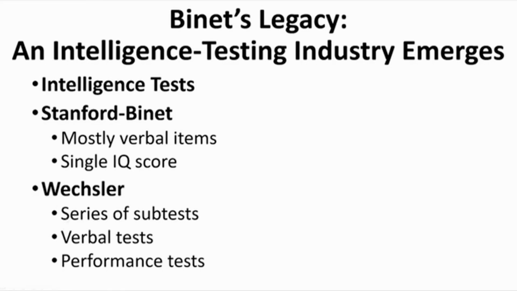So it wasn't just one single test that gave you one number at the end. There were also different things that you could evaluate, sort of sub-breakdowns of intelligence. And they had verbal tests, but there were also performance tests. So they were testing non-verbal skills as well, which made them sometimes a little bit more useful than the Stanford-Binet tests, depending on what you were looking for.